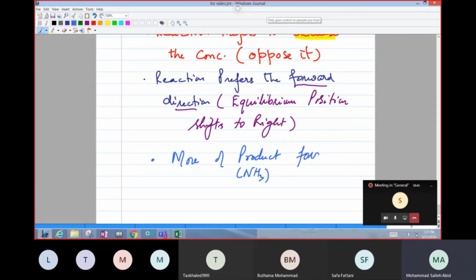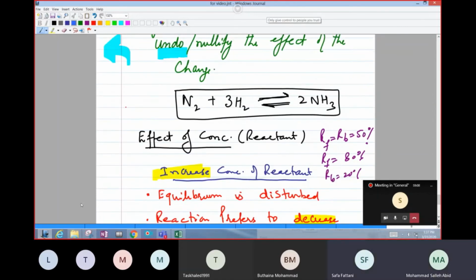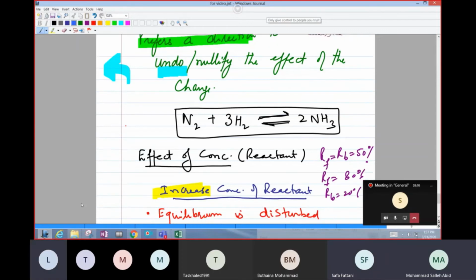Always your explanation has to be in terms of products, never in terms of reactants. You can say more of this, or you can say the percentage yield of product is more. Our main aim is to get the maximum amount of the product.